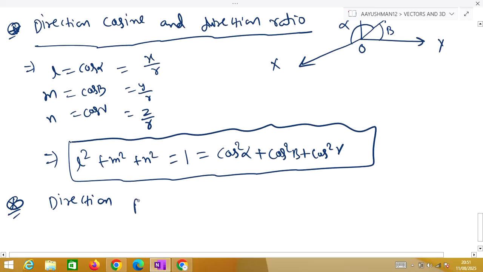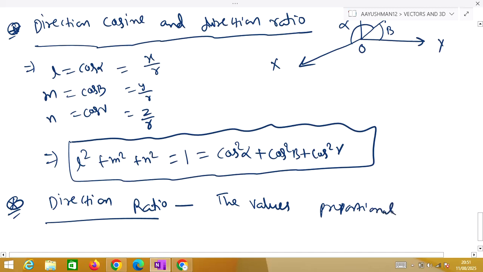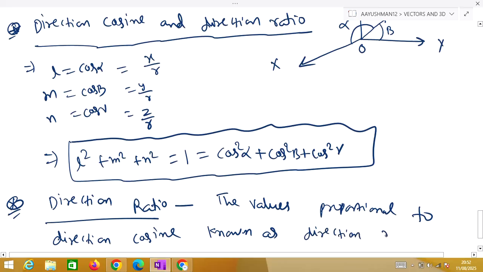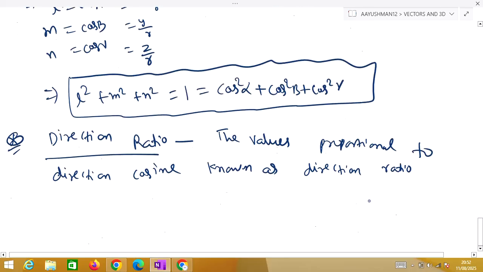Okay, so next we have the direction ratio. We can say the values proportional to direction cosine are known as the direction ratio.